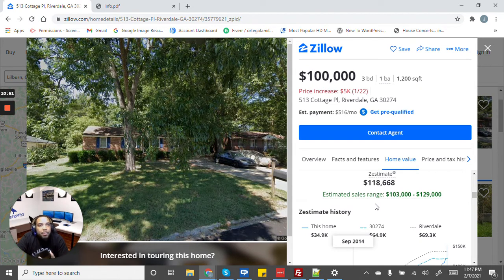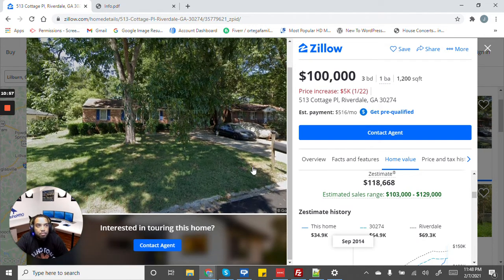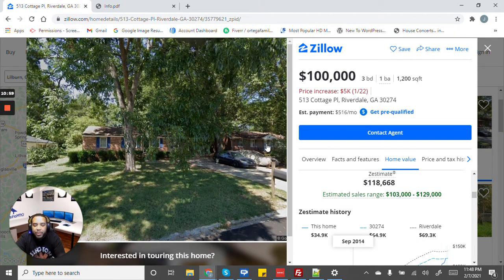From looking at the property from outside, there are no pictures here, but let's just say this property is gonna need maybe $10,000 in repairs when we get inside. Again, these numbers are not concrete. Please don't use these. Do your own diligence if you're gonna go for this deal.